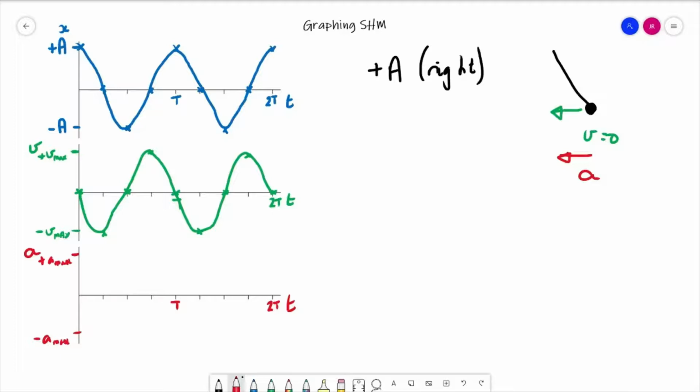We also remember our two key conditions for SHM, which say that A and X are proportional to each other but in the opposite direction, and when we apply both of those ideas to this graph we can see that while the displacement graph was a positive cos curve, this will end up as a negative cos curve. So there are all the points, and the curve will look like this.